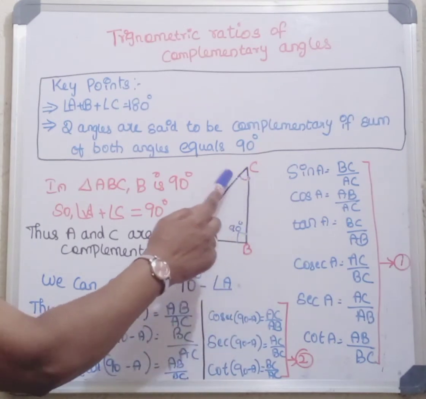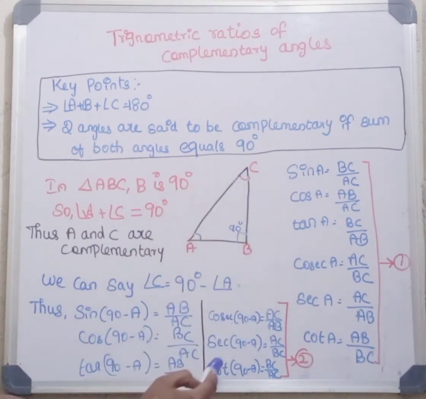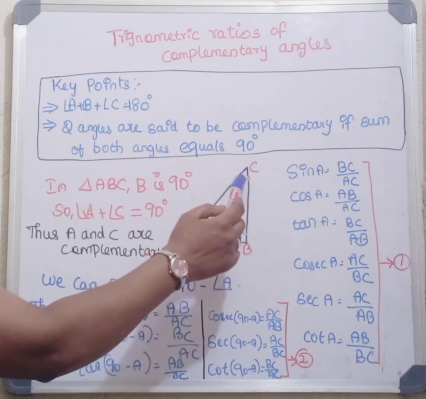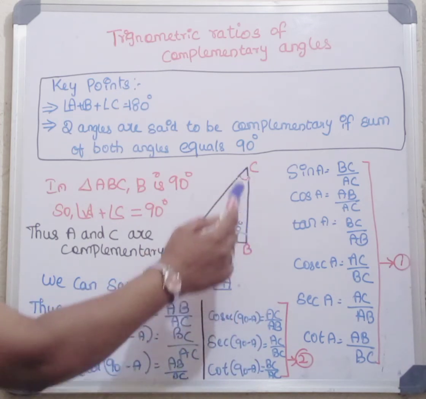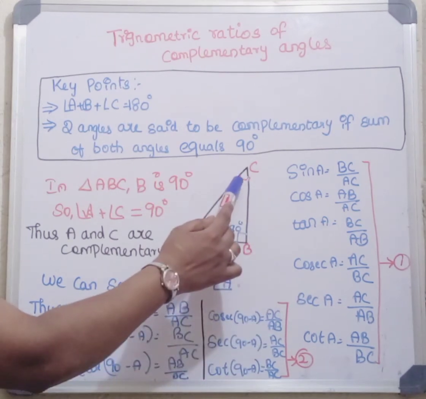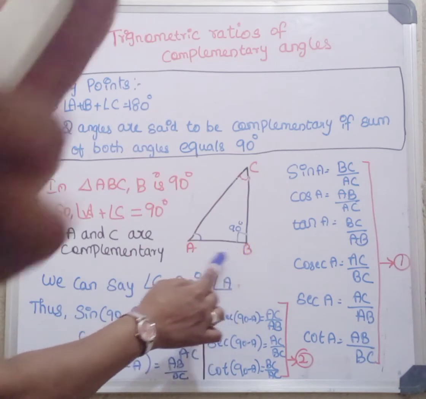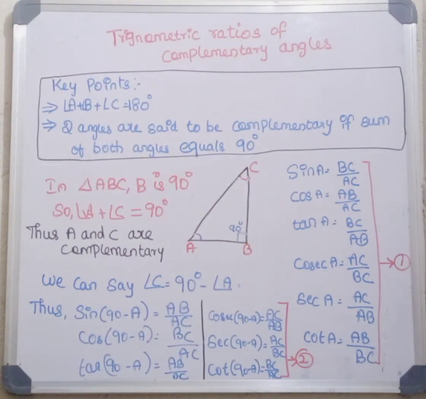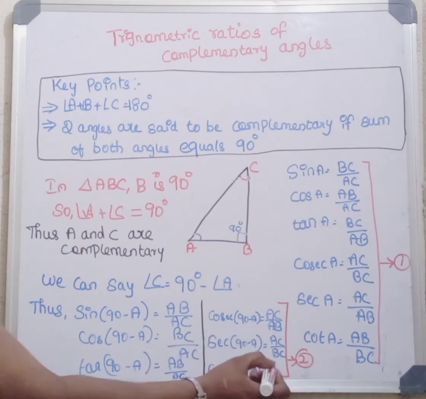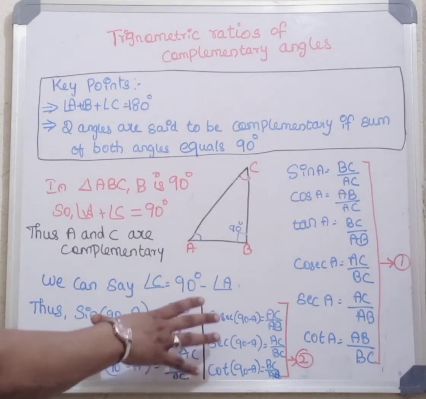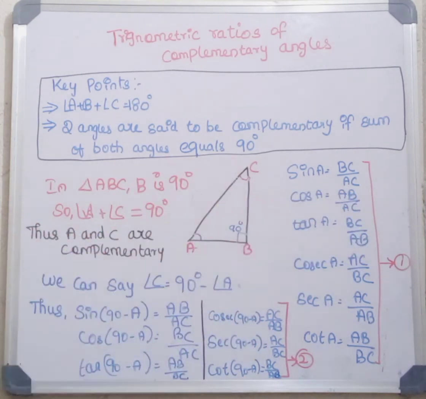Secant 90 minus A is hypotenuse by adjacent, AC by BC. And cot 90 minus A is cot C, the reciprocal of tan C, so BC by AB. We can keep this as equation number 2. This set of equations is 2 and the earlier set is 1.